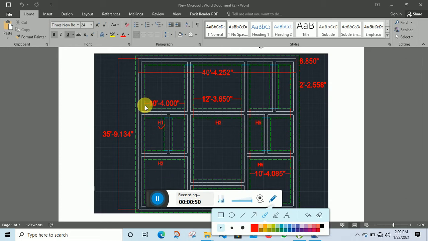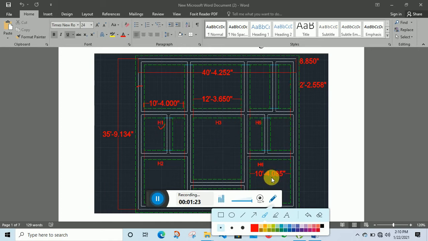For h1, the length is from here to here, and the h2 dimension is also from here to here, because we will not consider these; I considered this length or width in step number one with the external length. So we will deal only with the internal lengths or internal wall lengths. This is the horizontal length, and h1 and h2 are the same.